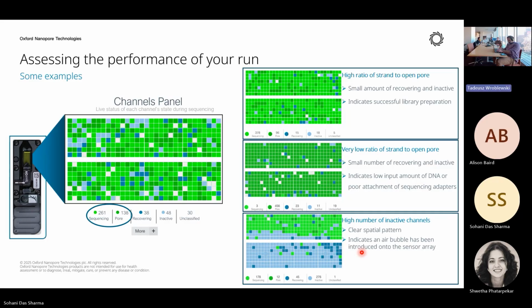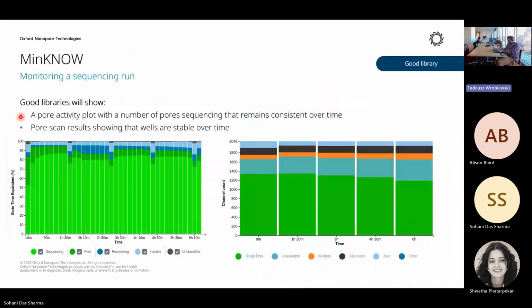Now you see more inactive because the sequencing is done. There are probably no DNA strands left because we did not overload the sample. We kind of underloaded, I believe. So that happens. Most of the sequencing is already over. So this is an example of a good library.